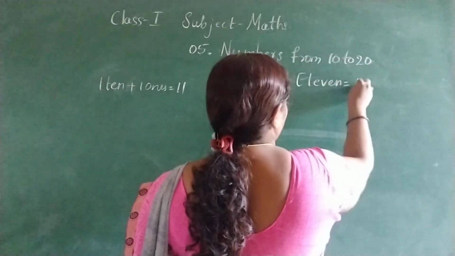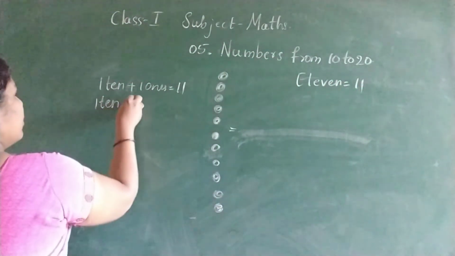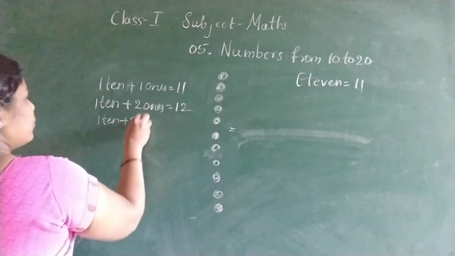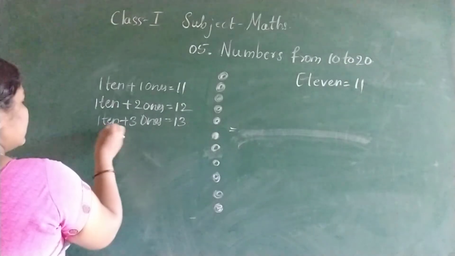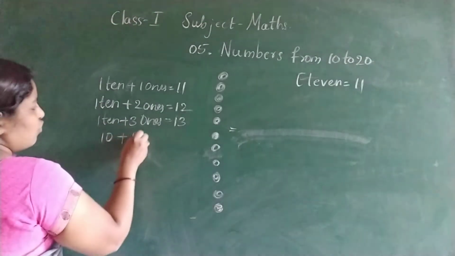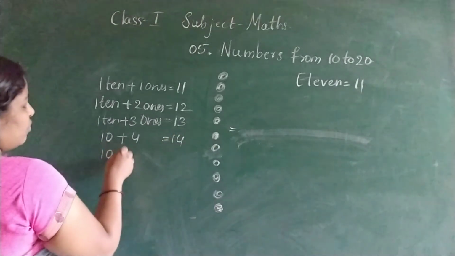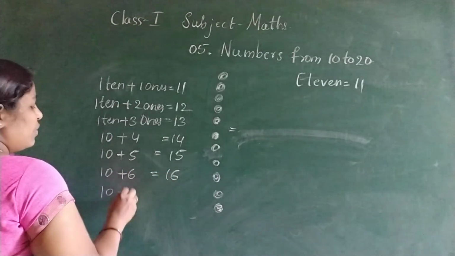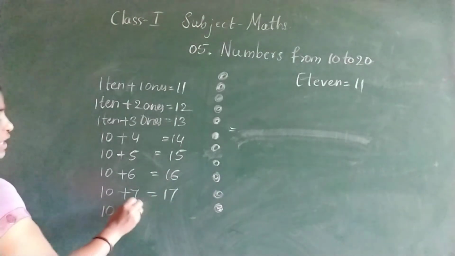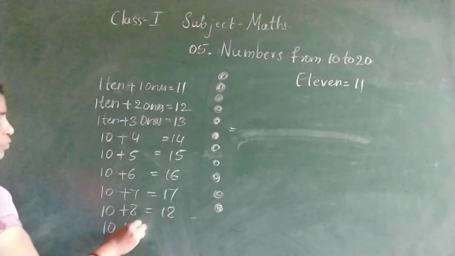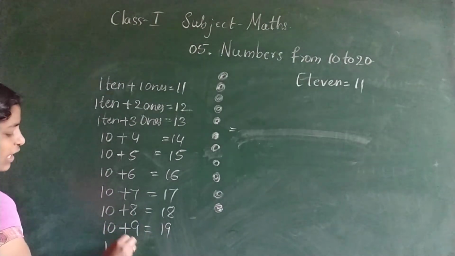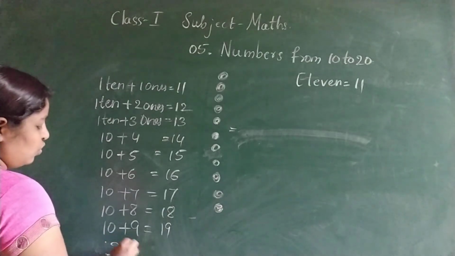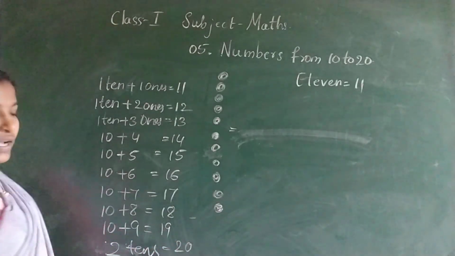Next 1 ten plus 7 ones is 17. 10 plus 8 ones is equal to 18. 10 plus 9 ones is equal to 19. 10 plus 10 is nothing but 2 tens, which is equal to 20.